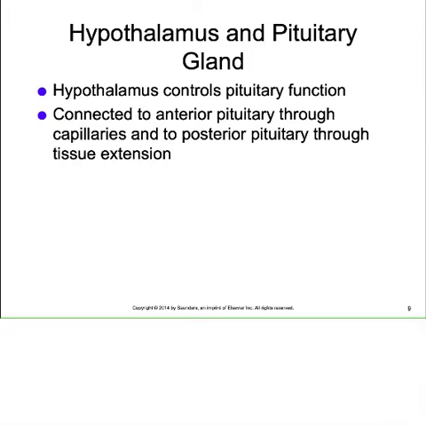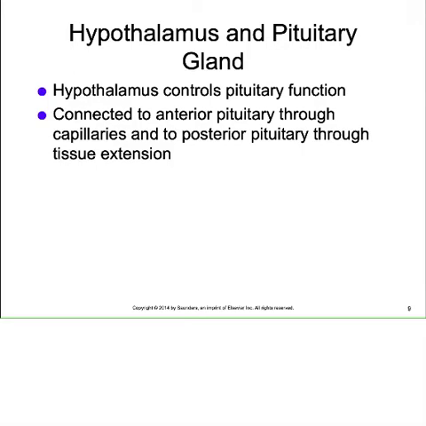Okay, so we'll start at the top. The hypothalamus is the control center for much of the rest of the endocrine system because it controls either directly or indirectly the action of the pituitary gland. The hypothalamus produces inhibiting or releasing factors that enter the bloodstream in a capillary network called the hypophyseal hypothalamic portal system.